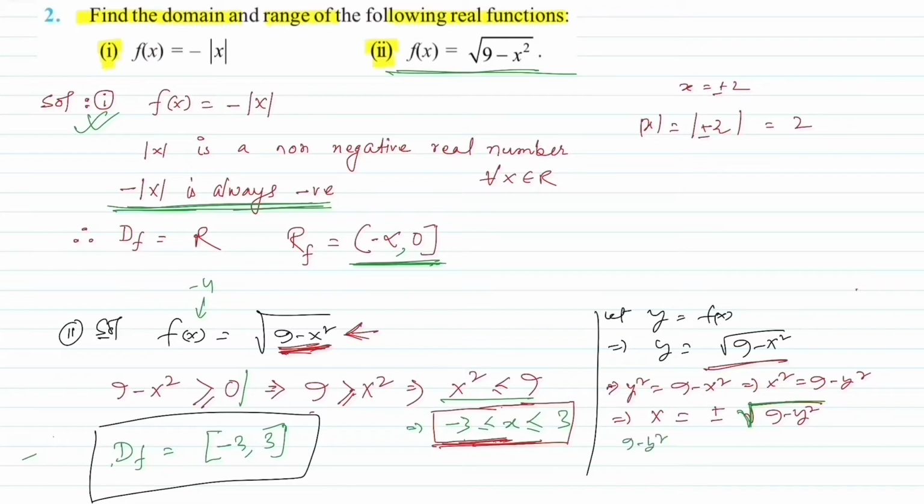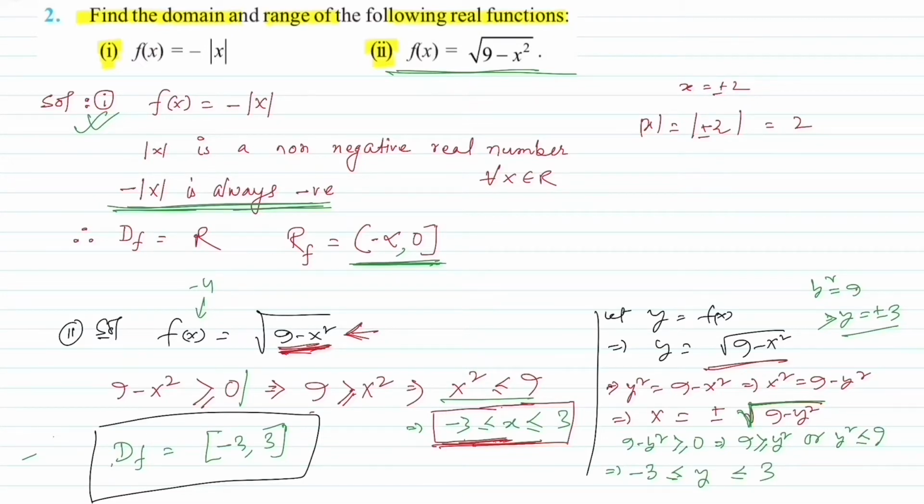That's why 9 minus y square must be greater than or equal to 0. That means 9 must be greater than or equal to y square, or y square must be less than or equal to 9. If y square is equal to 9, then y must be plus minus 3. But in this case y square is less than or equal to 9, so y must be greater than or equal to minus 3 and less than or equal to 3.